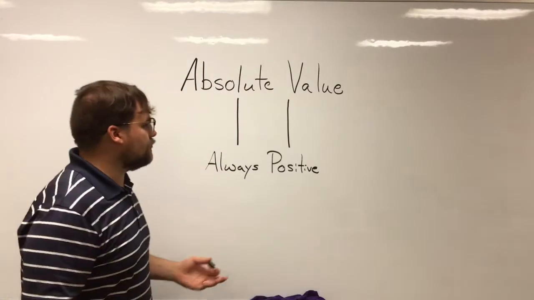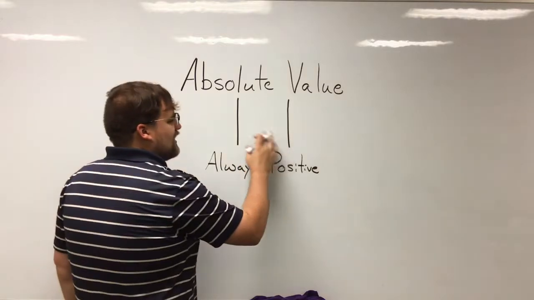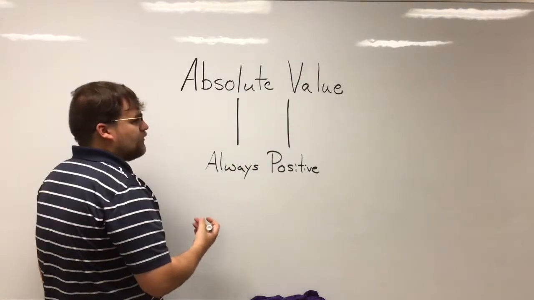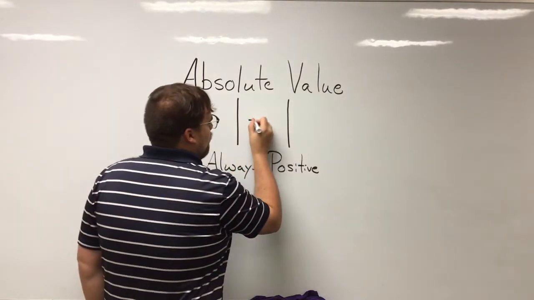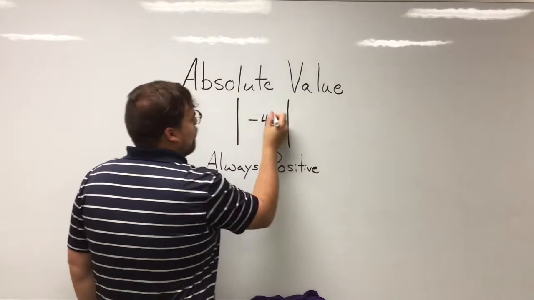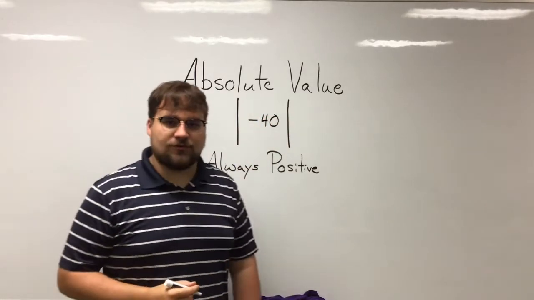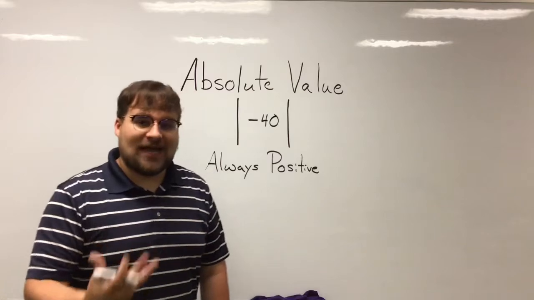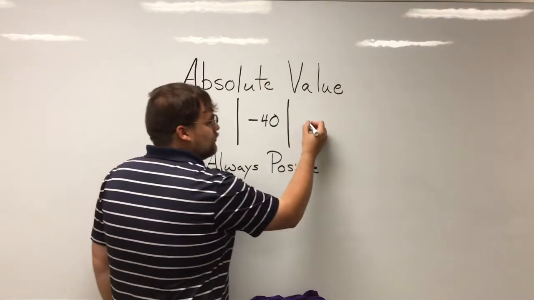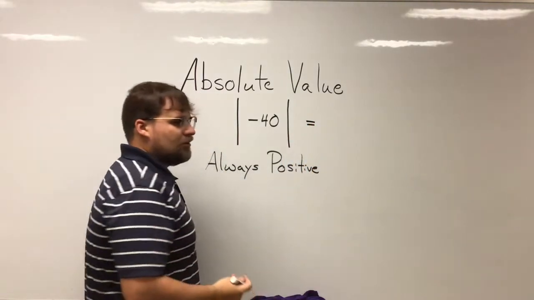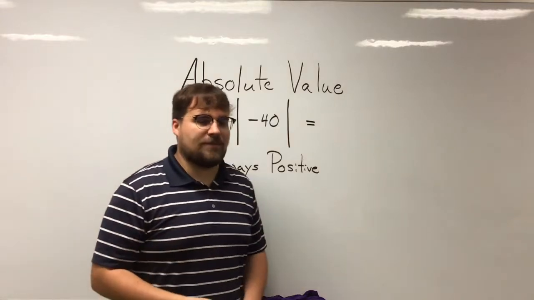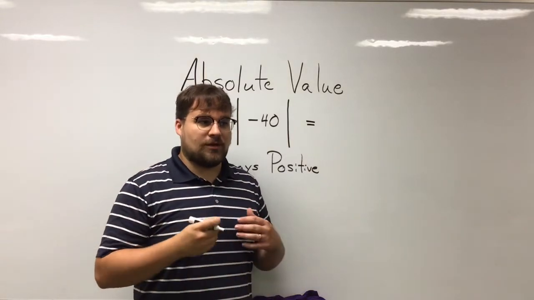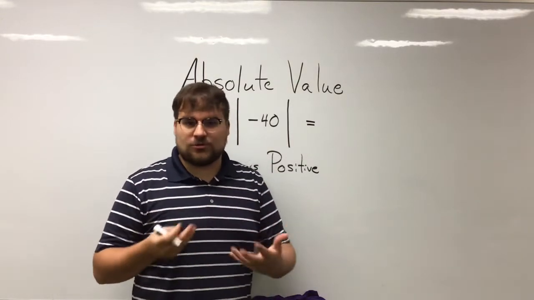And what we can do is put any number in these absolute value bars. Let's say we put the number -40 inside those absolute value bars. The absolute value bars tell us this is talking about, in theory, distance or something like that, right?